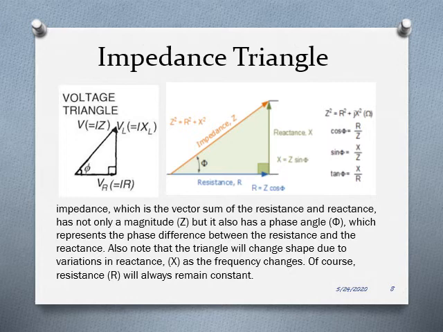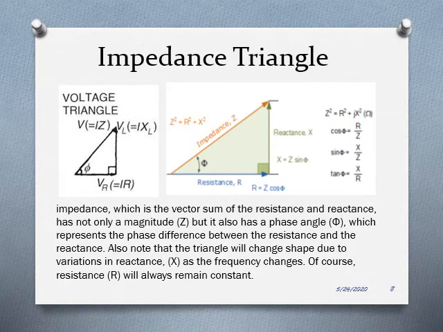The impedance is a vector sum of resistance and reactance, just like the apparent power was the vector sum of active power and reactive power. The impedance not only has a magnitude but it also has a phase angle phi, which represents the phase difference between the resistance and the reactance.